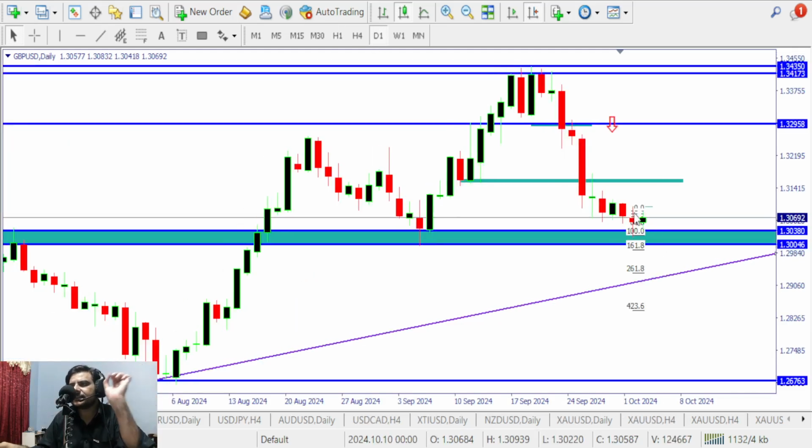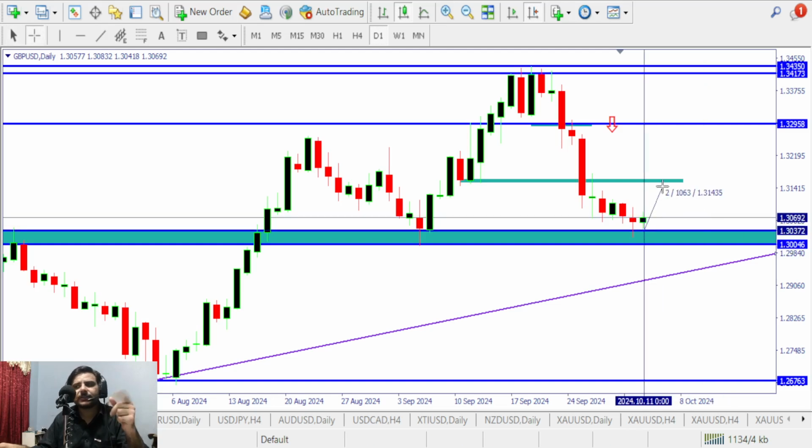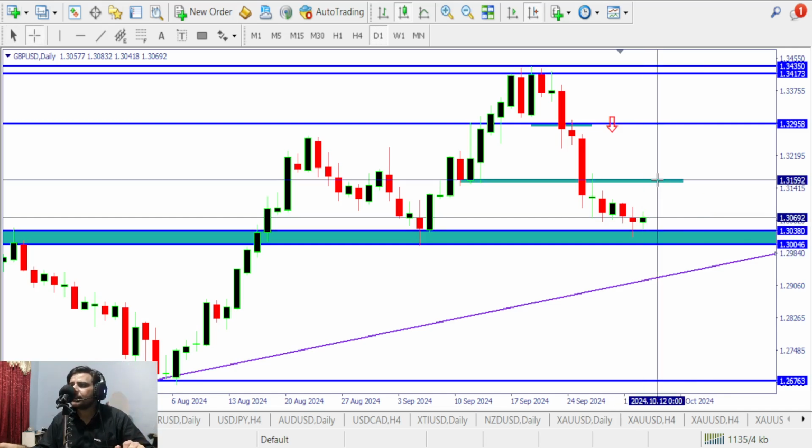Let me make myself very clear so that you can understand what I want to say: as long as the market is trading above 1.30380, it can be traded very easily with the Fibonacci trading strategy. 130 pips has gone nowhere. Then obviously a further 137 pips.